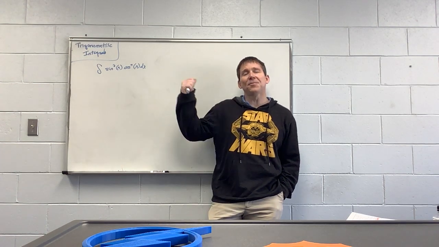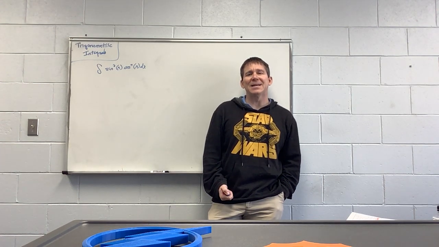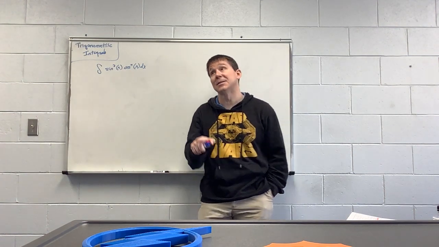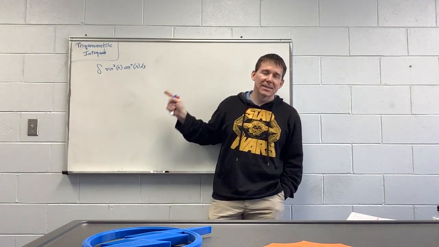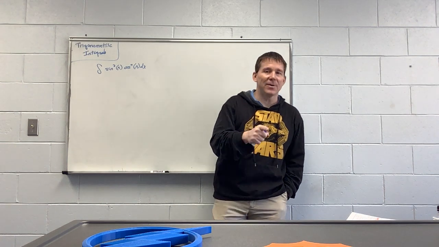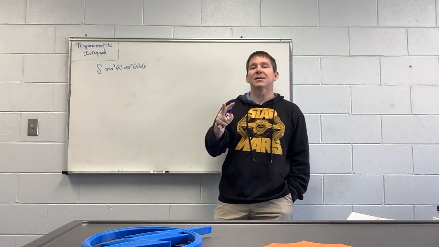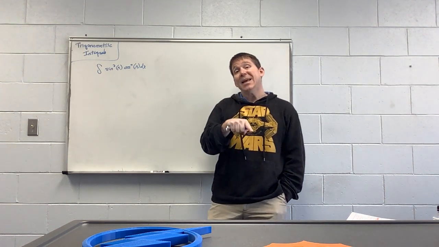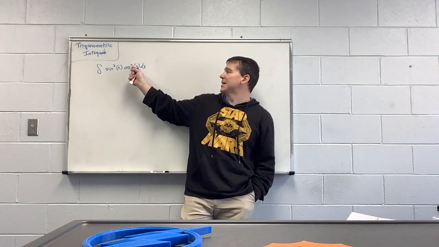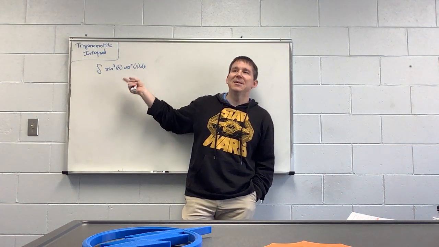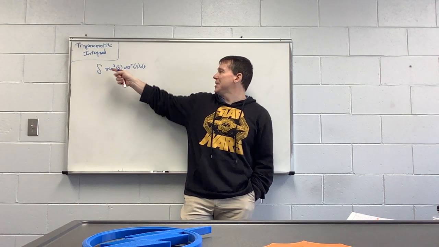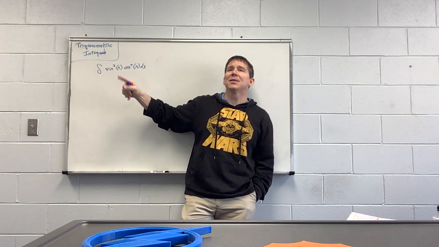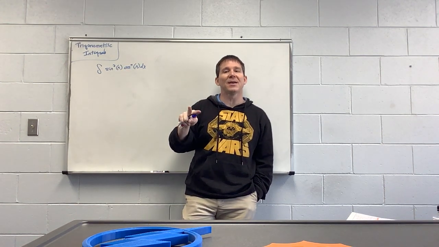So I prefer to just look at the problem and think about what's going on a little bit and understand it. Looking at this, I know Pythagorean identities can relate quadratic terms, which means if I have an even number of cosines, I can write those as an even number of sines. If I have an even number of sines, I can write those as an even number of cosines. They can go back and forth.